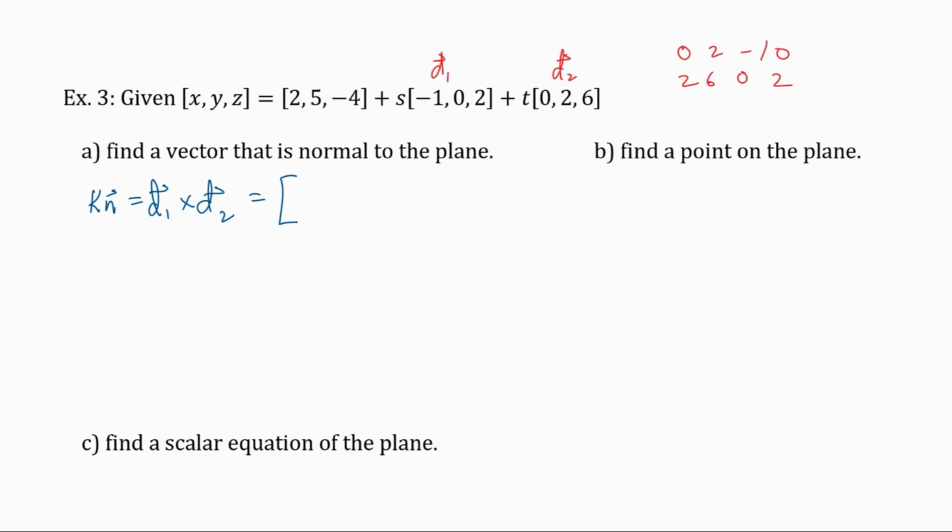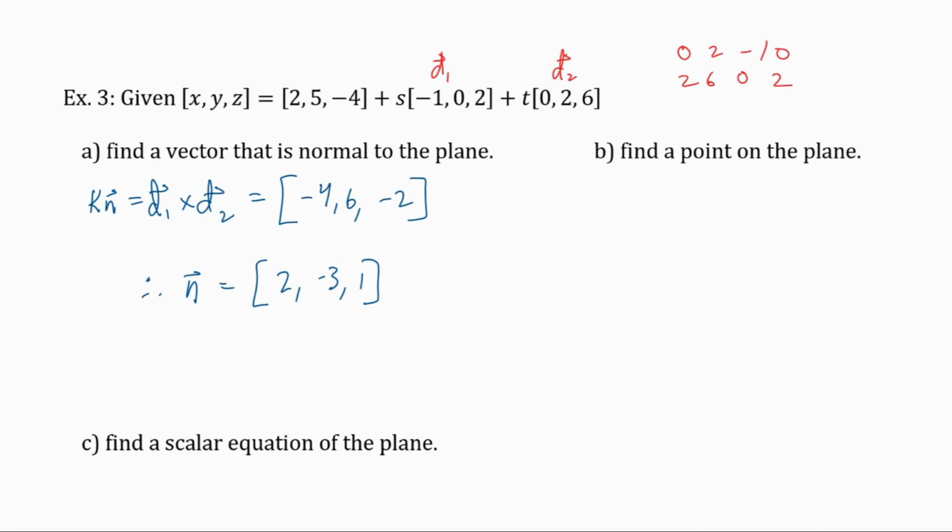And taking their cross product, I think I got [-4, 6, -2]. Therefore, I will choose my normal to be a simplified version of that if it's worth it, kind of thing, right? Okay, so there is my normal, or a normal to the plane.